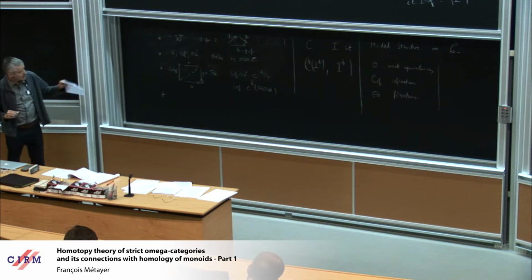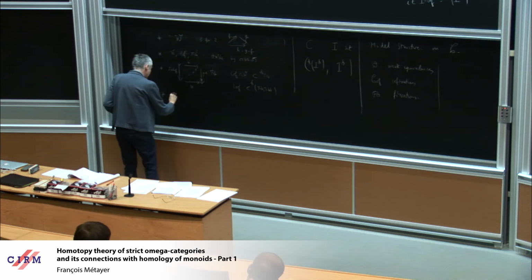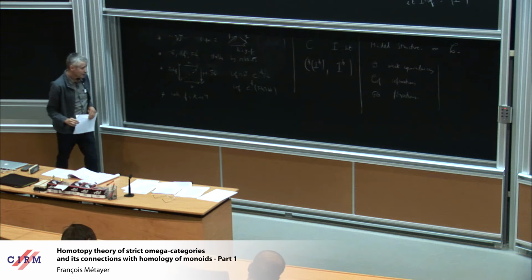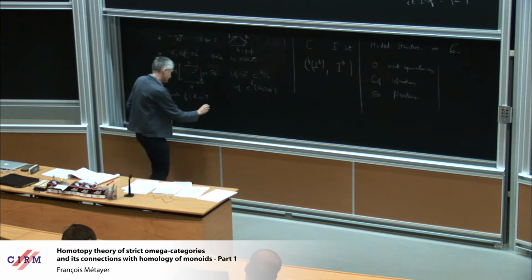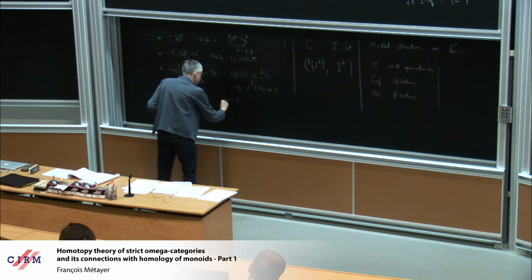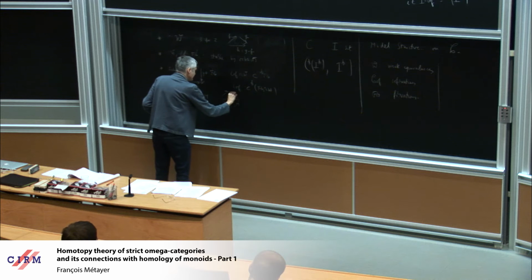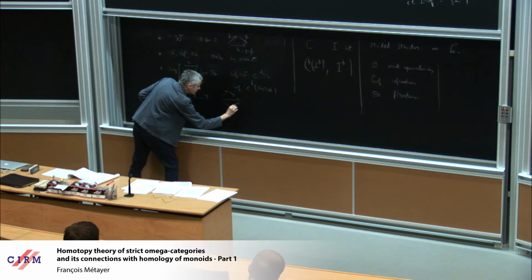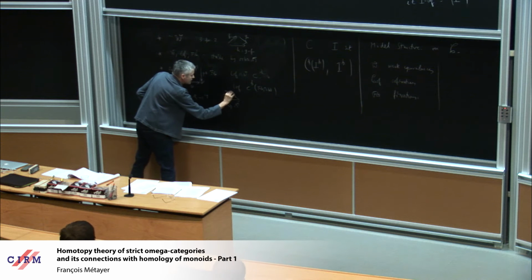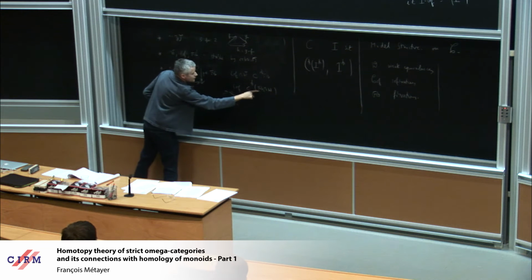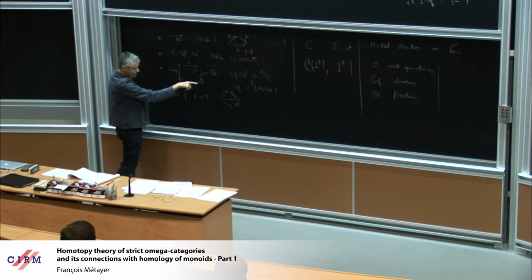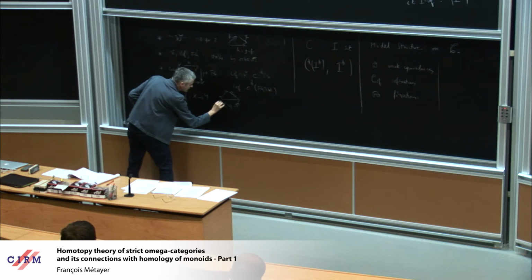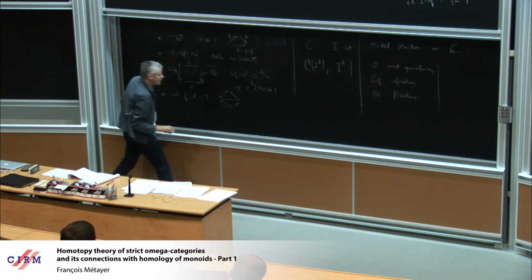And finally, we ask that each morphism F, X to Y, factors in two ways. That is, either you factor with a fibration which is also a weak equivalence, called trivial fibration, composed with a cofibration, or a trivial cofibration composed with a fibration.